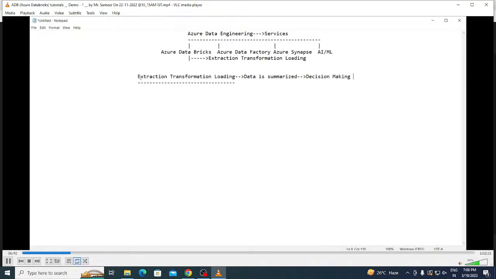So what does this process of extraction, transformation, and loading involve?